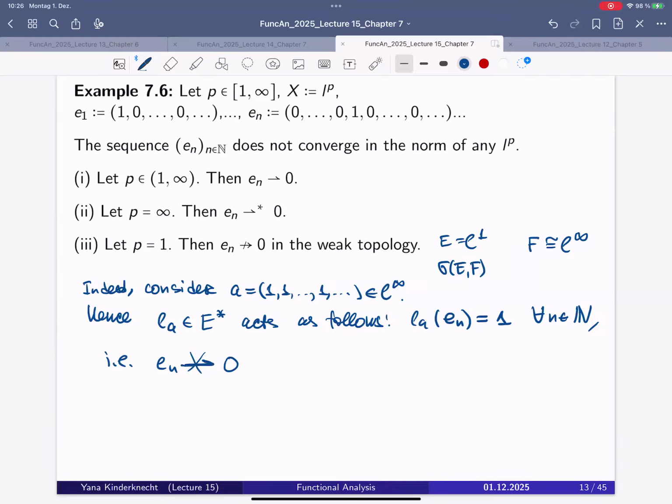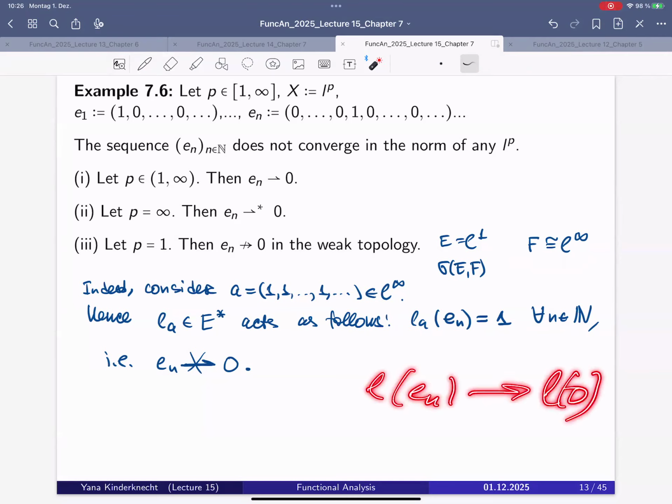So I have to write down this weak topology. Again, in order to converge weakly to 0, this means that for any linear functional from the topological dual space, we should have that L of En converges to L of 0.